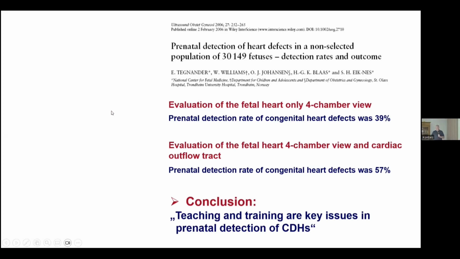So the detection rate: there was a publication that was more than 15 years old, from when I was in Norway for 6 weeks.